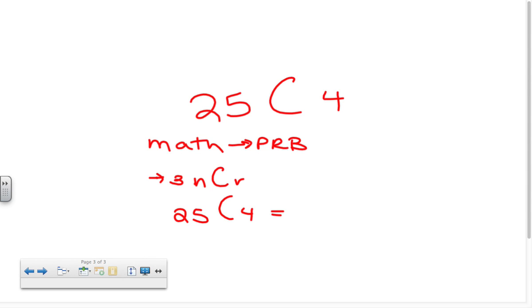Okay, and I was wrong. On mine, it actually reads like this: 25 NCR. Then I hit 4, hit my equal sign, and it gave me the number 12,650. So if I wanted to take a class of 25 and figure out how many possible groupings of 4 I have, there are 12,650 possible groupings of 4 in a class of 25. That's a huge number. So let's just do a couple more examples, and then I will give you your homework.